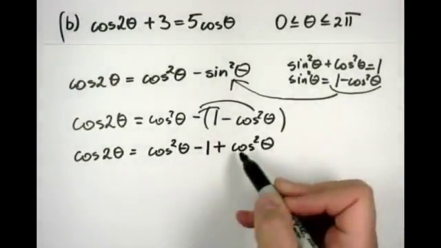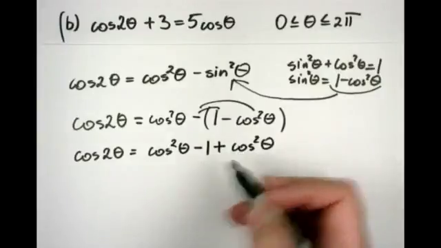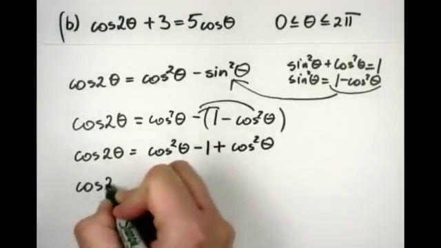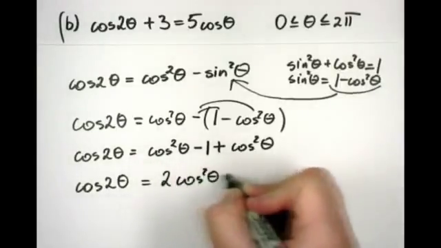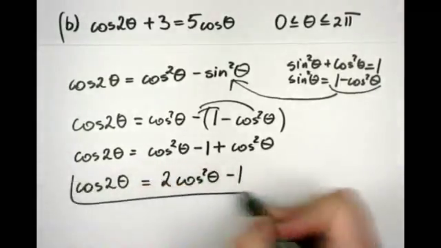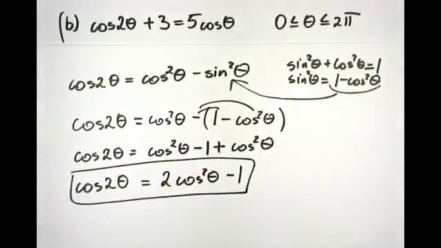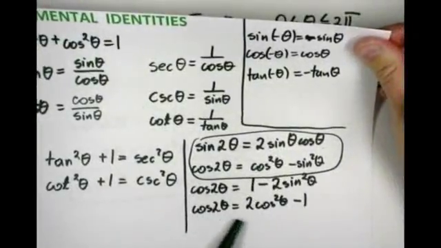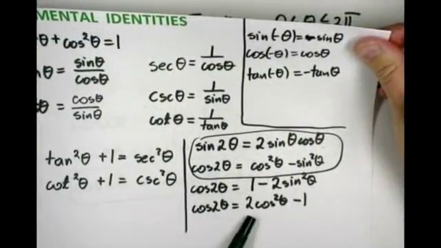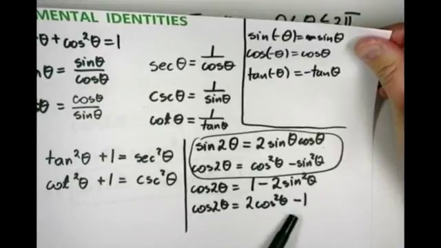Cos square and cos square gives me 2 cos square theta. So I have cos 2 theta is equal to 2 cos square theta minus 1. So either you do a little derivation as I did, or you remember the second formula. That's basically this formula: cos 2 theta is 2 cos square minus 1.